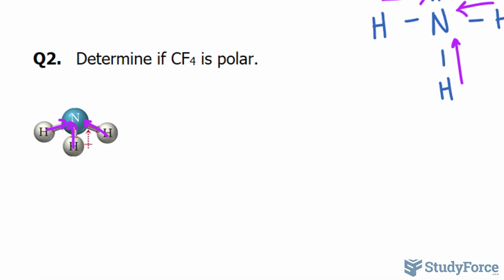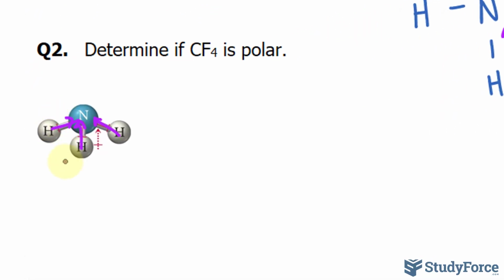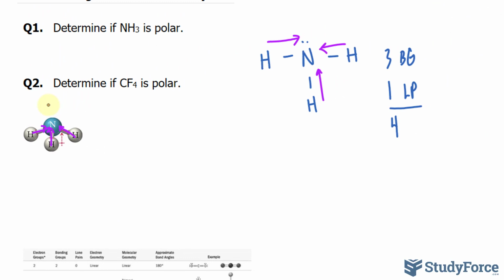This suggests that if we add up the vertical components of these vectors, they will all be oriented up. Therefore, this molecule is considered polar. So it's polar for two reasons, because of the electronegativity differences and because of the shape.